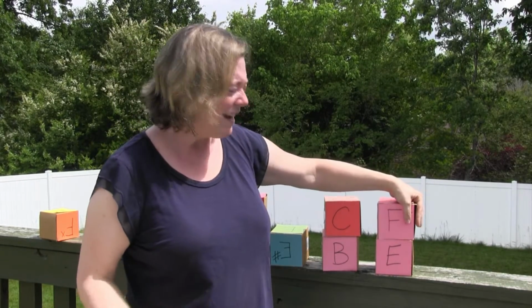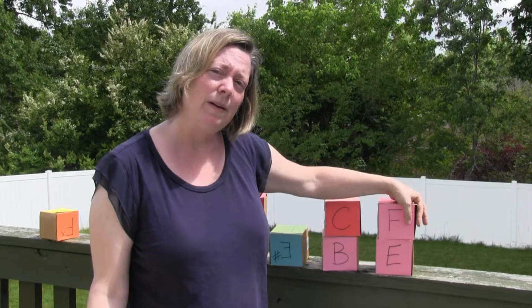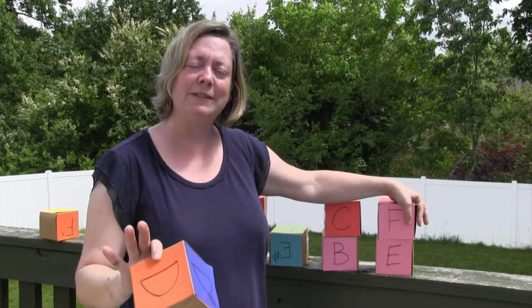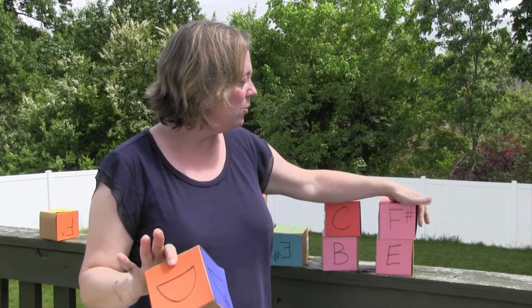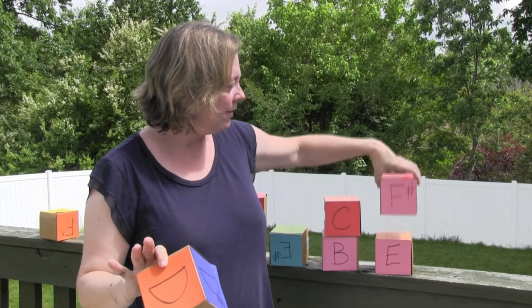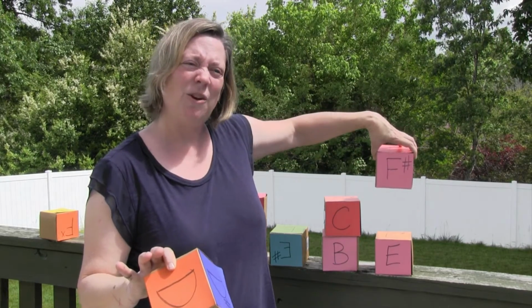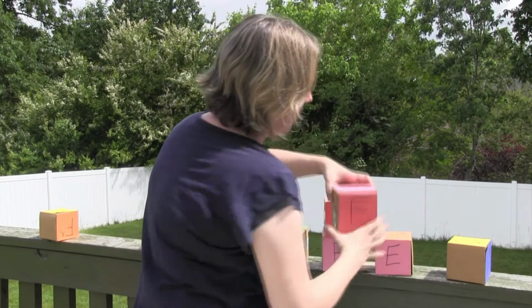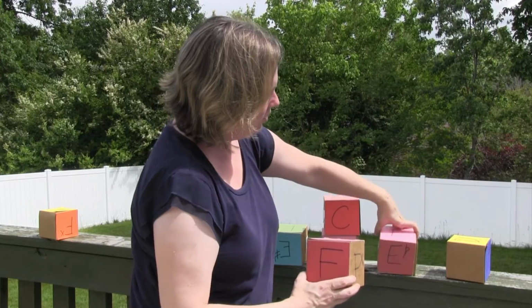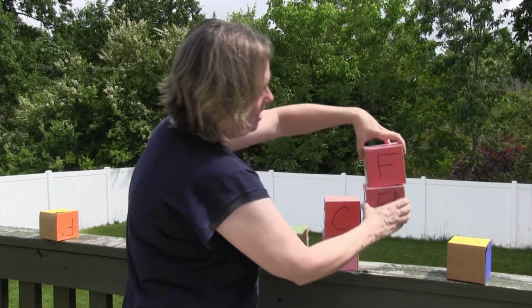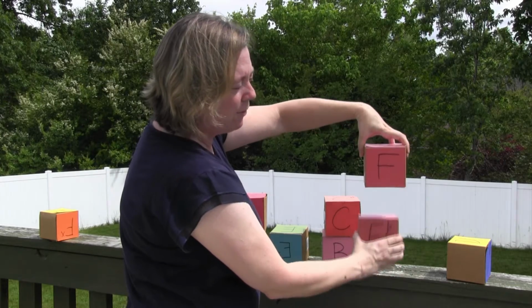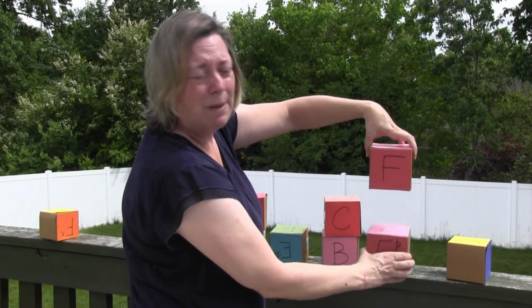Well, if you know that E to F is a naturally occurring half step, and you raise the F, now it's a whole step. Or if you had the F and you were to lower that E from E flat, it got further away. Now it's a whole step as well.